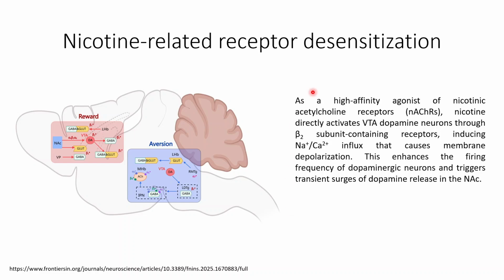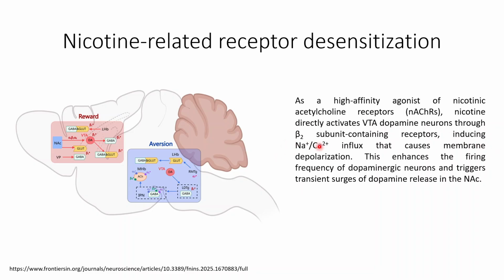So what happens is you have this high affinity agonist, which is your nicotine, right, and this binds to your nicotinic acetylcholine receptors, and that activates these dopamine neurons. Essentially, when people say that something good happened and that gave them a rush of dopamine, what does that mean? It just means that they felt good. So it activates VTA dopamine neurons through these certain receptors.